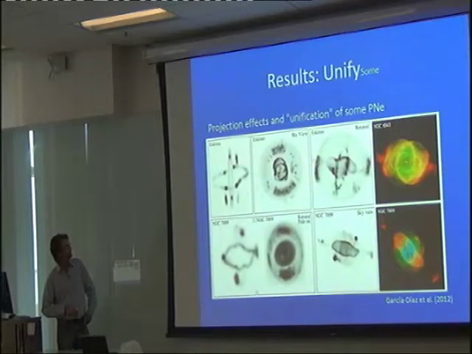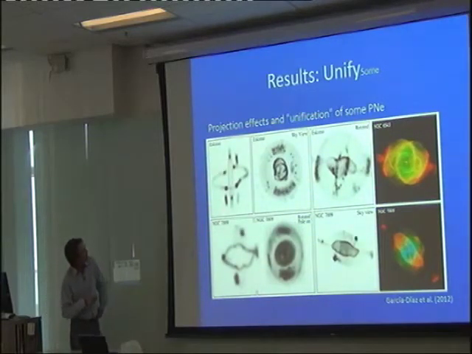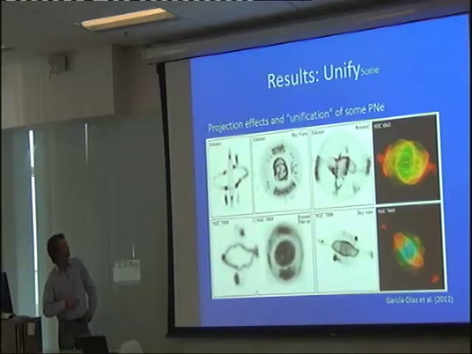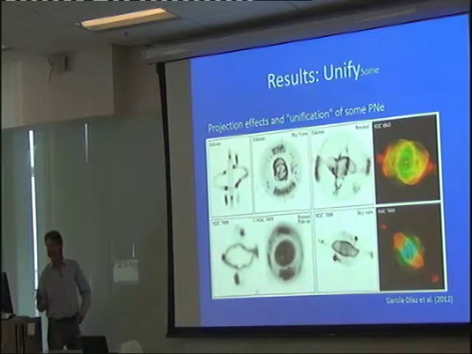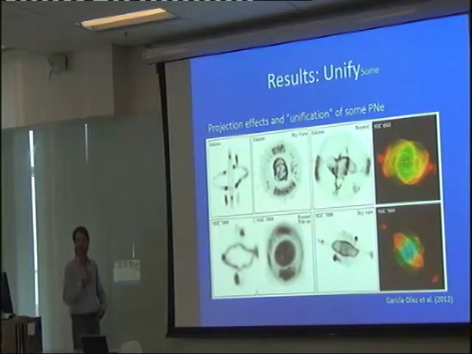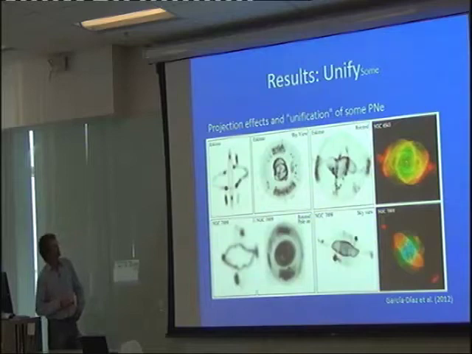This is from this view of the model. And now compare that to the model PV diagram of the observed Eskimo. Very, very similar. So what we could do with this is basically unify these three objects. They are basically the same structure, even though on the sky they look completely different.